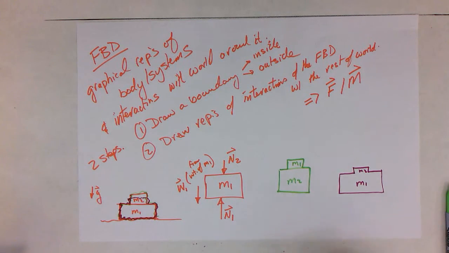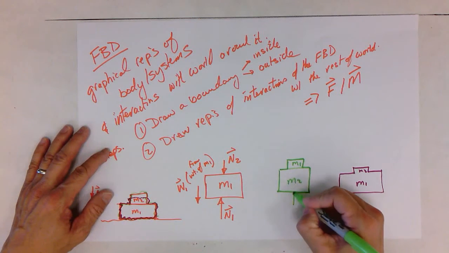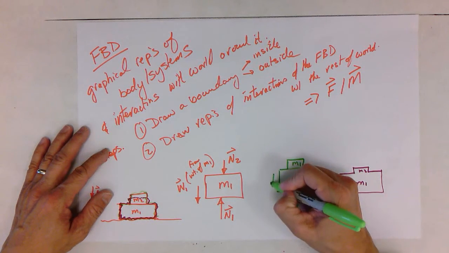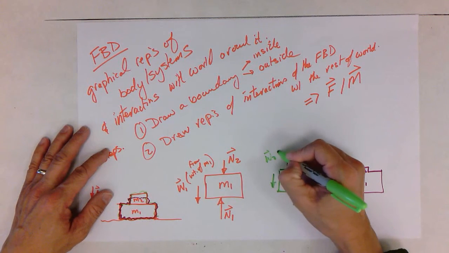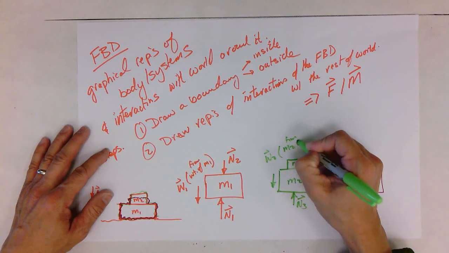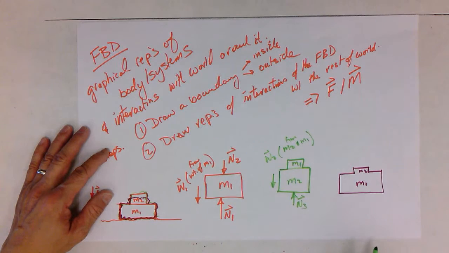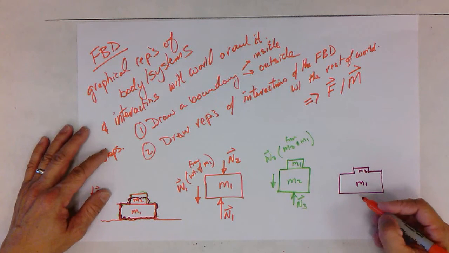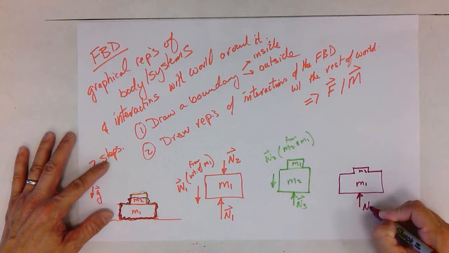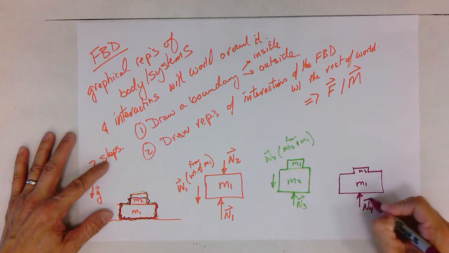All right, in the second case here, again, it's sitting on the table. That's a force. In this case, it has a weight, and that comes from M1 and M2. And in the third case, again, it sits on the table, so there's an interaction force here.